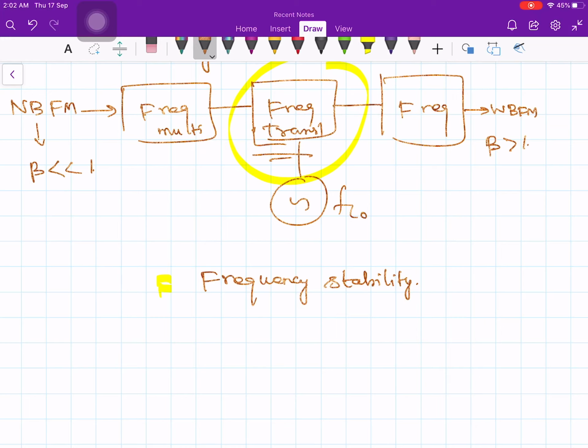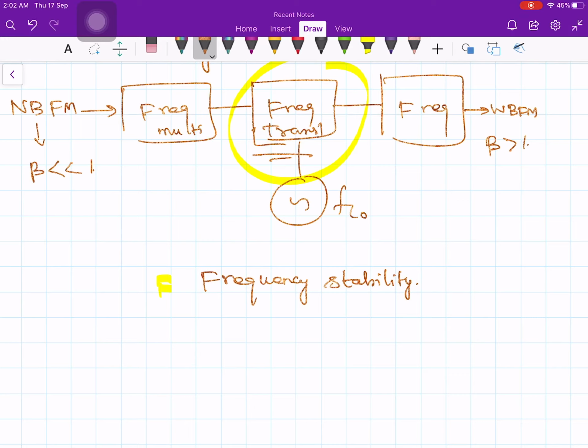So what do we mean by frequency stability here? After all, in frequency modulation, the frequencies keep on changing depending upon your input, that is, your modulating signal. But here we are saying that it has very high frequency stability. Your indirect method offers very high frequency stability.